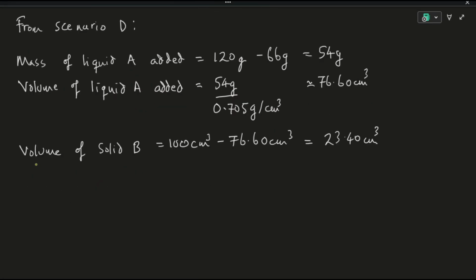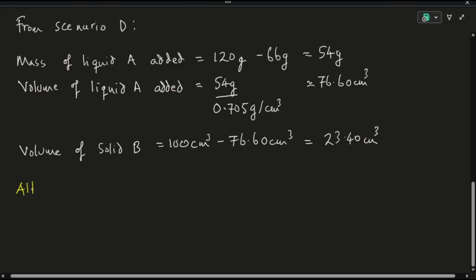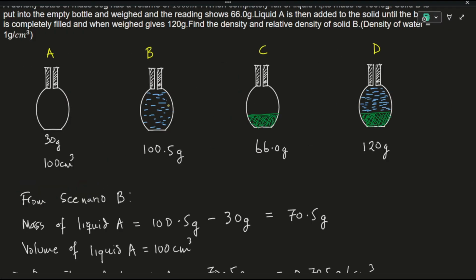Now, alternatively, the volume of solid B can be calculated. Now, when liquid A completely fills the density bottle, it has a mass of 70.5 grams. Now, in scenario D, the mass of liquid A is 54 grams.